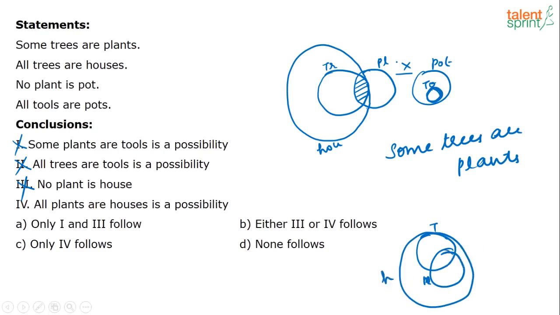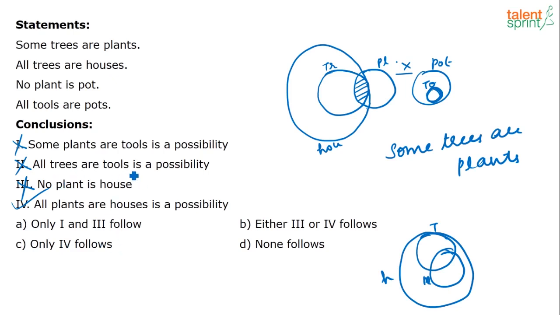Even if it is like this, it is not disrupting any statements. It is following all the given statements. So, all plants being houses is definitely possible. If you draw the diagram this way, it looks like nothing is wrong. So, this is a possibility, it can be true. So, the answer would be only conclusion 4 follows.